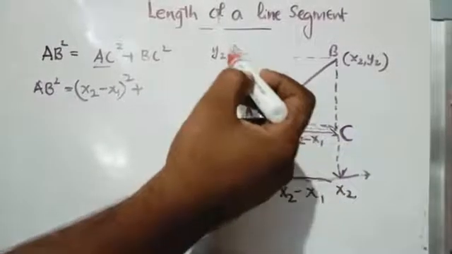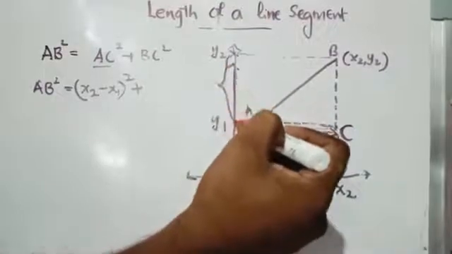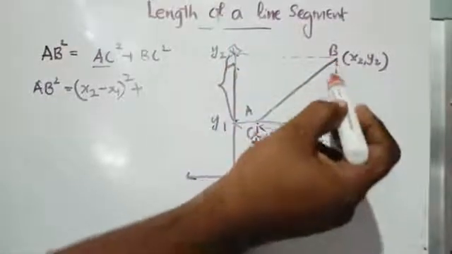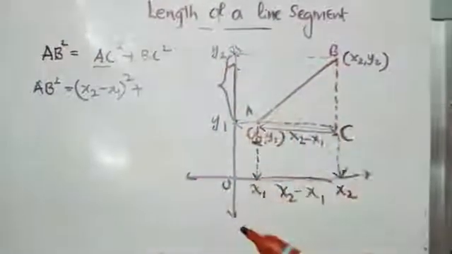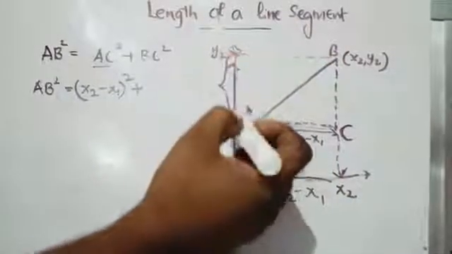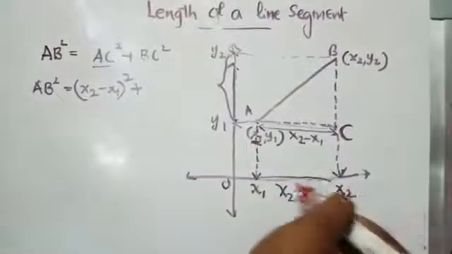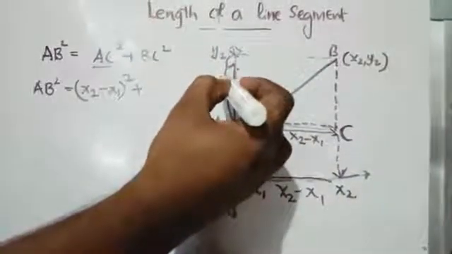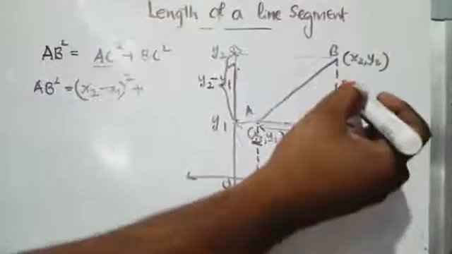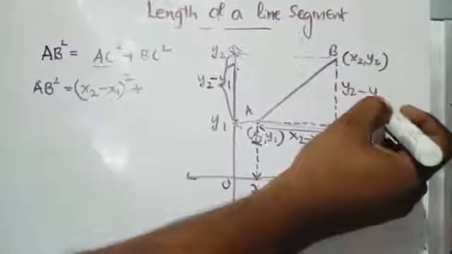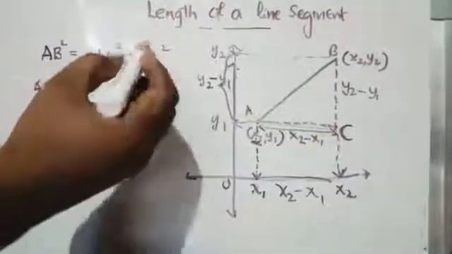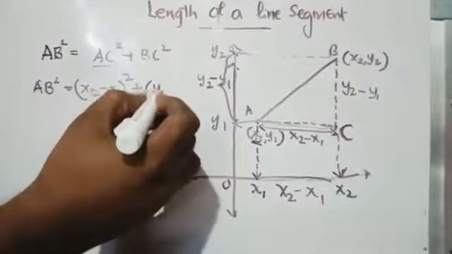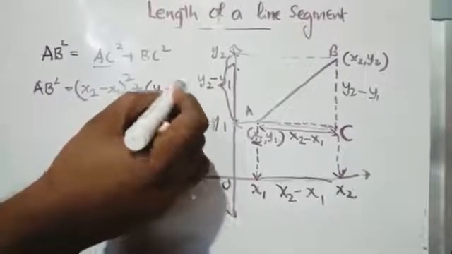So this distance will be the same as the length BC. And this distance, similar to the x-axis, is y2 minus y1. So we get BC as y2 minus y1, and BC squared as y2 minus y1 the whole squared.